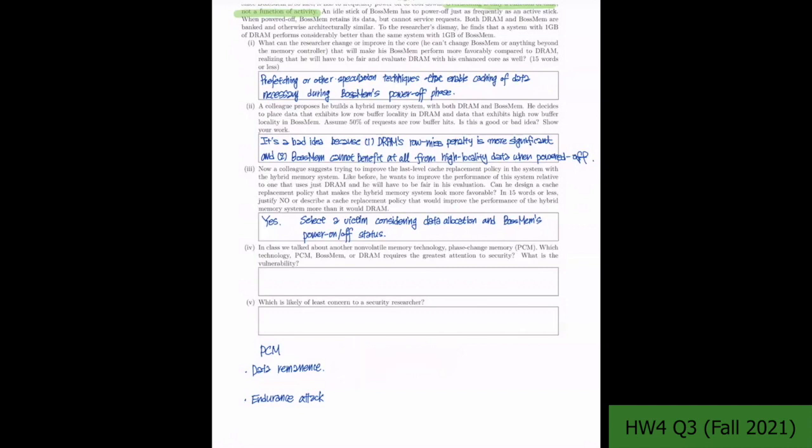But DRAM is relatively free from these security concerns, as it is fundamentally volatile memory and virtually has no endurance limitation, right? But it has a different, perhaps more serious security vulnerability, as we have learned, which is RowHammer, right?